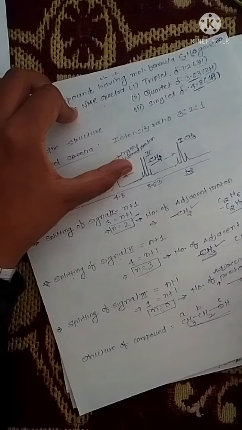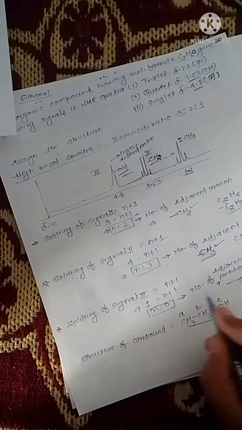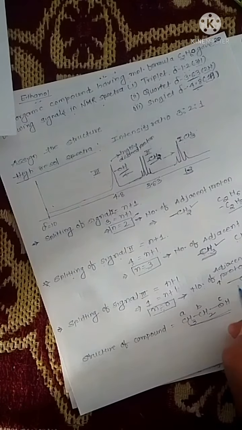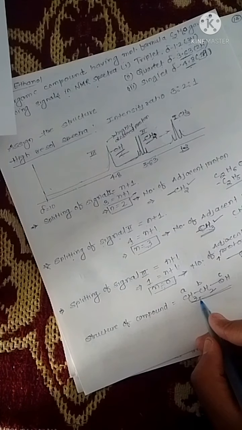Also confirm whether this information which we assigned is correct or not. So we write the number of adjacent protons is 0, so we write the OH group. Now cross check whether the assigned structure is correct or not.